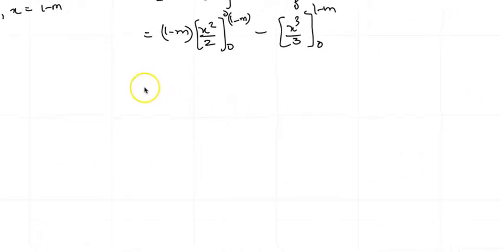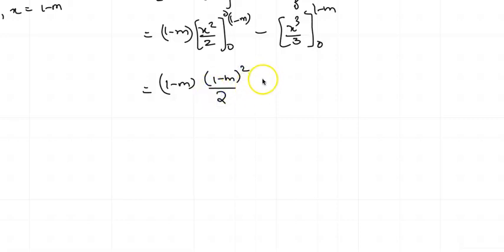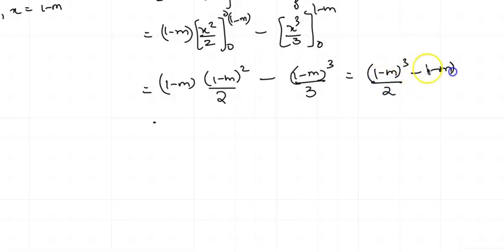So further solving, applying the limits, (1 minus m) into (1 minus m) whole square by 2, minus (1 minus m) whole cube by 3. So this will become (1 minus m) whole cube by 2 minus (1 minus m) whole cube by 3.